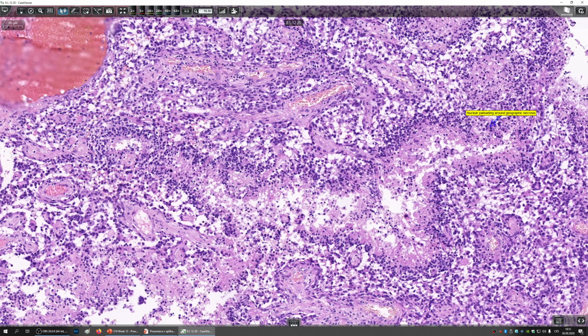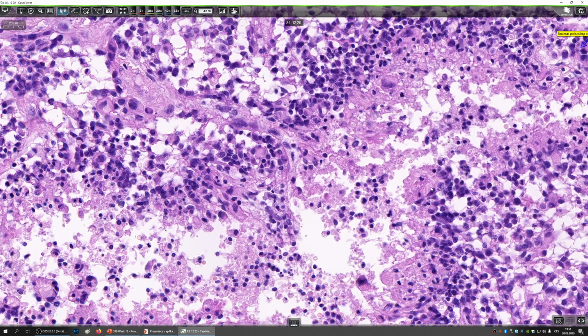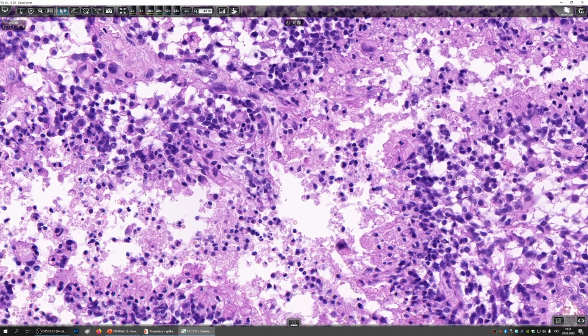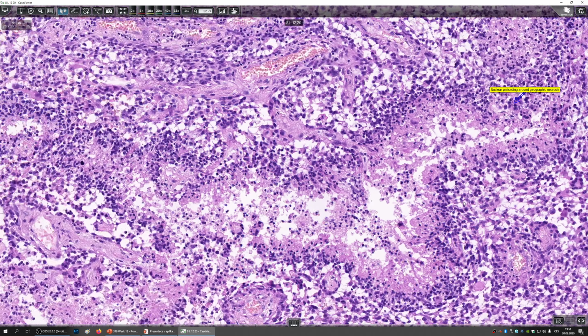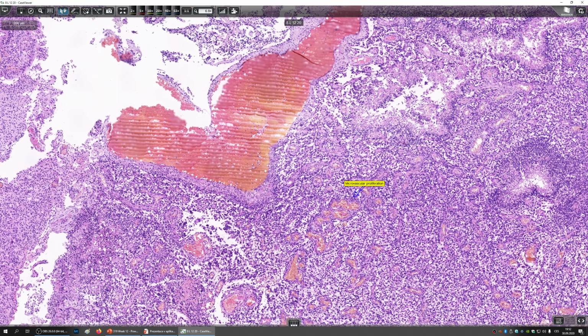So geographic necrosis with palisading around it. It means that there's condensation of the nuclei of glioblastoma around it. This is the first feature, the necrosis. And the second feature is the microvascular proliferation.